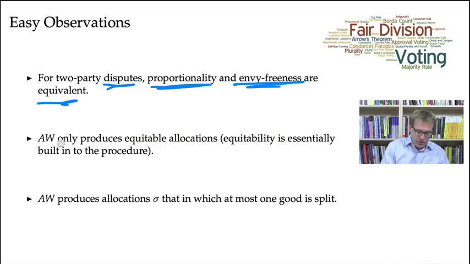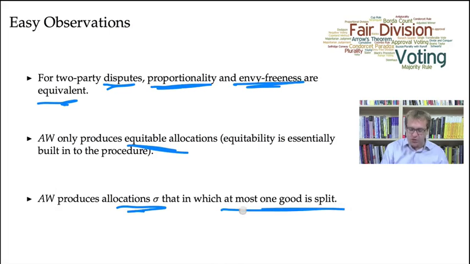Note, adjusted winner only produces equitable allocations. In fact, that's how the algorithm is designed. The algorithm works until you achieve equitability. And finally, adjusted winner produces allocations in which at most one good is split. We have to assume that all of the goods are divisible, but for any instance of the algorithm, you're only ever going to divide at most one good.